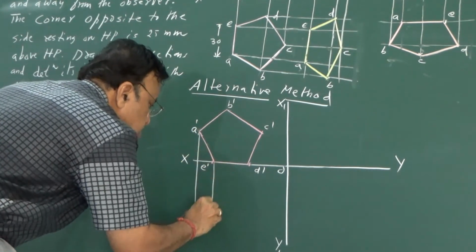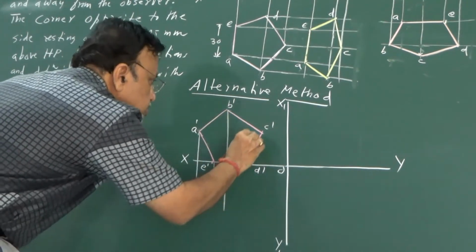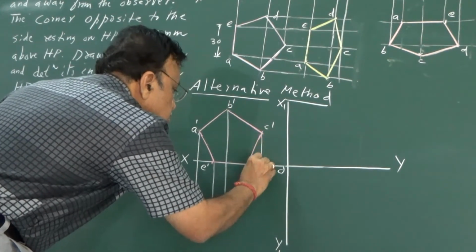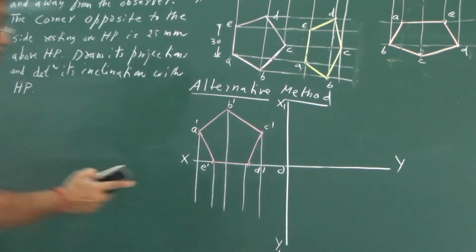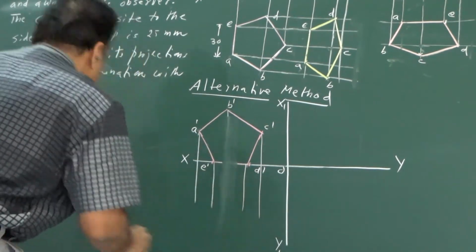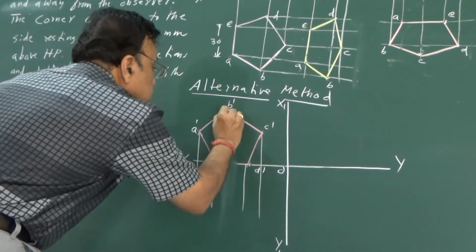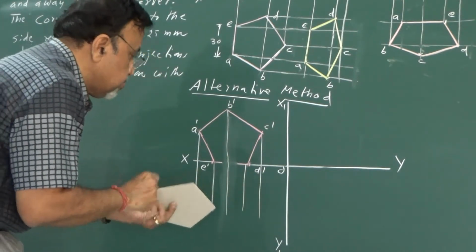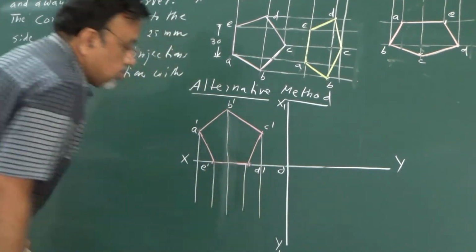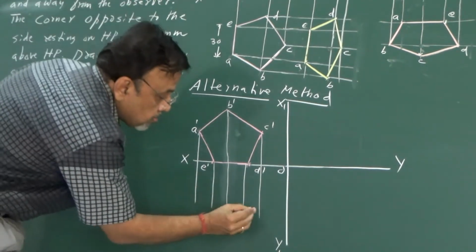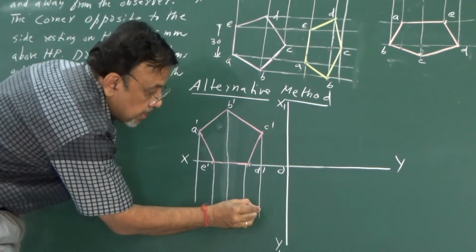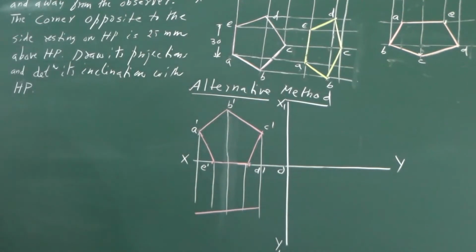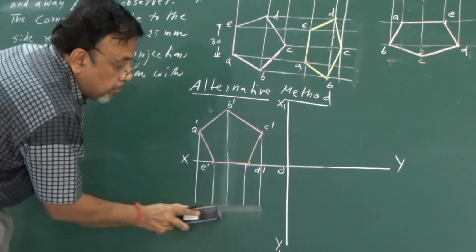So draw these projectors, then get the corresponding view here. Since I wanted a particular side, AE, to be nearer to VP, let me take it a little bit closer.